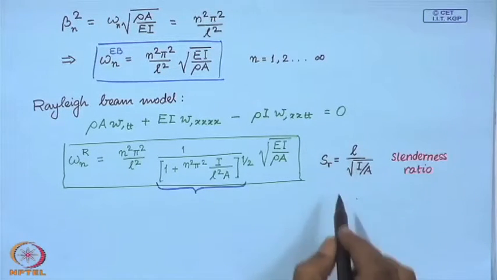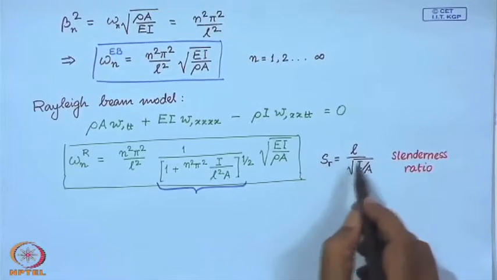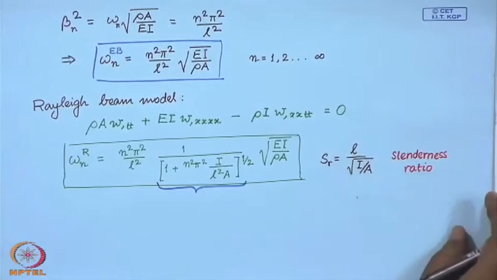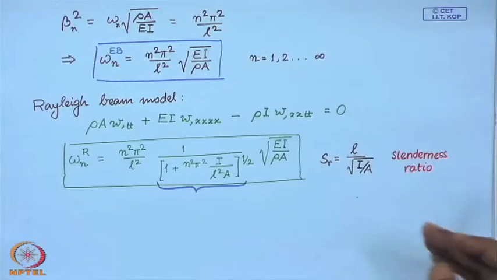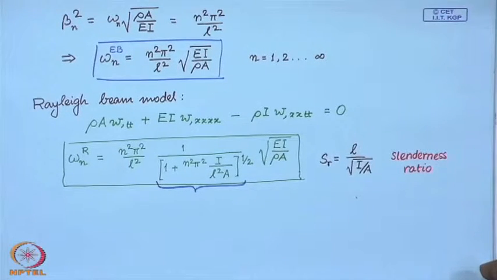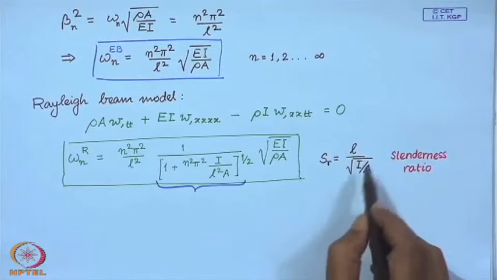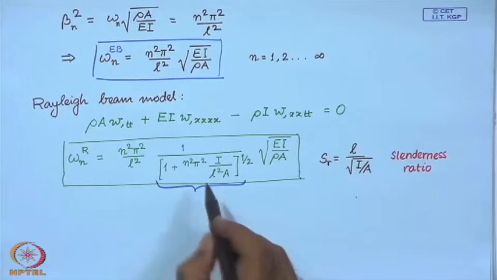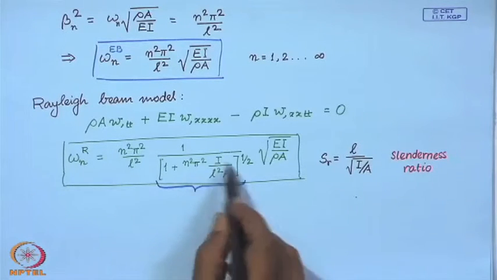So, it indicates how slender the beam is. So, if slenderness ratio is very high, which means the beam is actually very slender. So, the length is much larger than the dimensions of its cross sectional area. Now, the square of this appears in the denominator of this term.